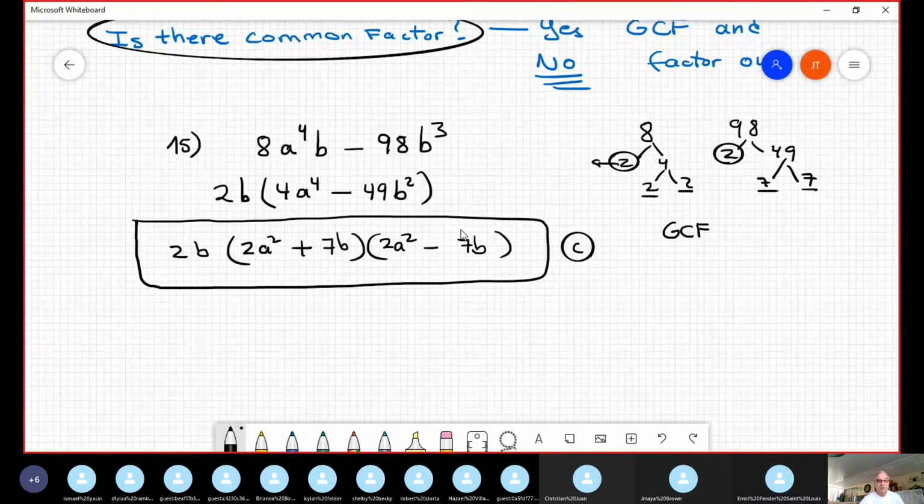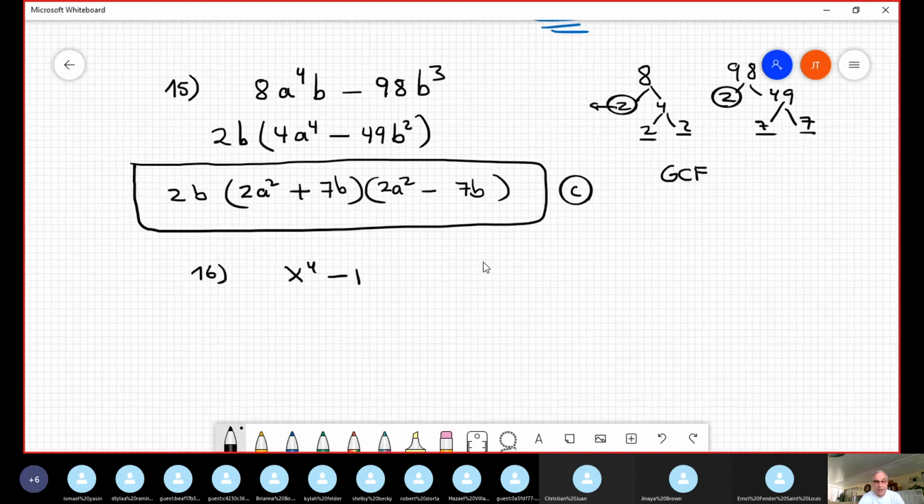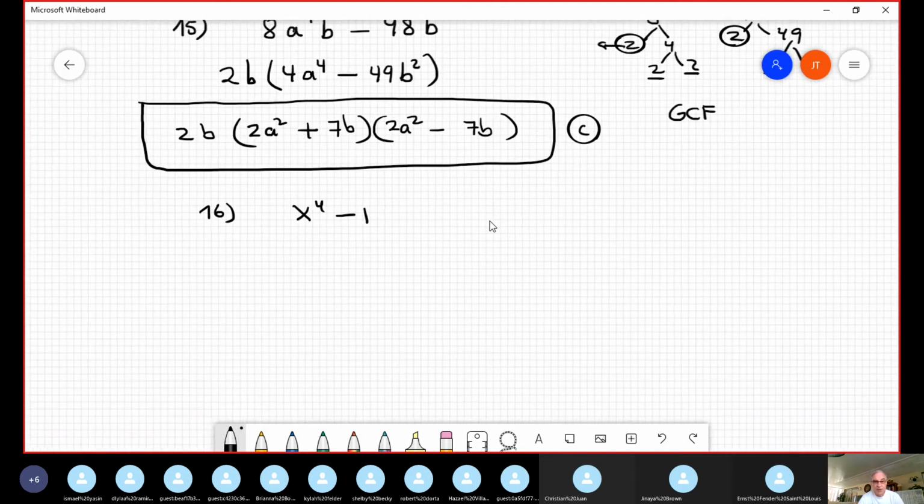16 is similar. 16 is x to the 4th power minus 1. It's a binomial. Is it a difference of squares? Yes, it's to the 4th power.